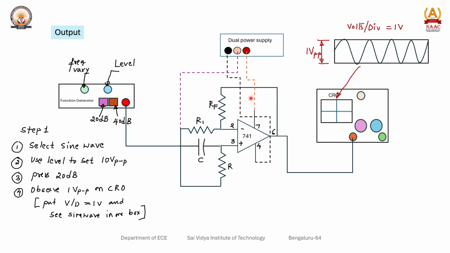The next very important thing is, what are the steps to get the required frequency response? Always, step one is to set the signal. On the function generator, select the sine wave, keep any frequency, and set 10 volts peak to peak by turning the level knob.